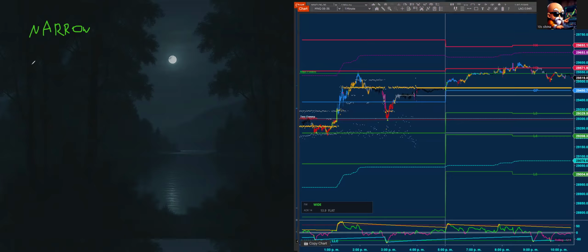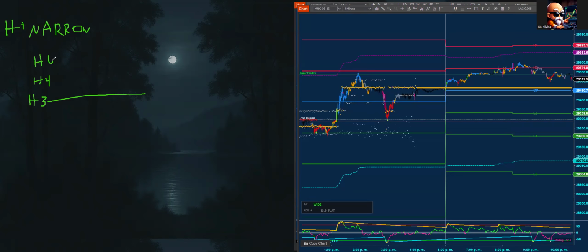Let's say we have higher narrow. Let's put high plus narrow. So high plus narrow wants extensions. That means H3, H4, and H6.